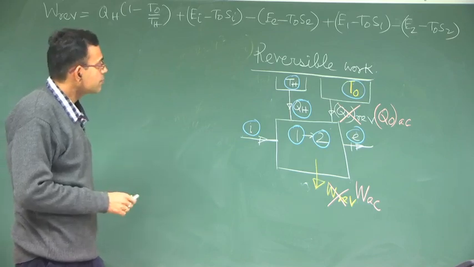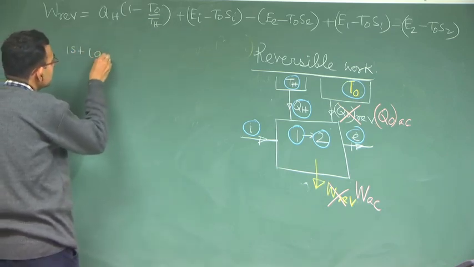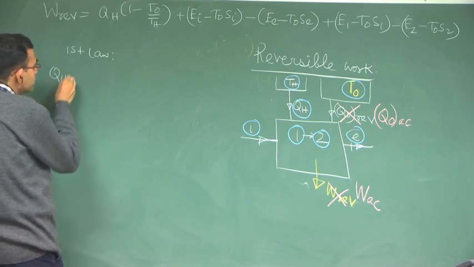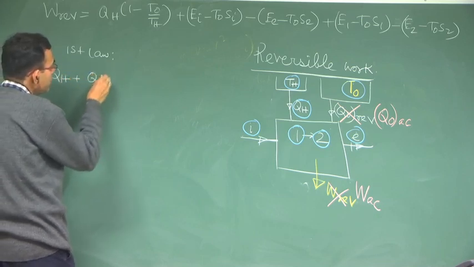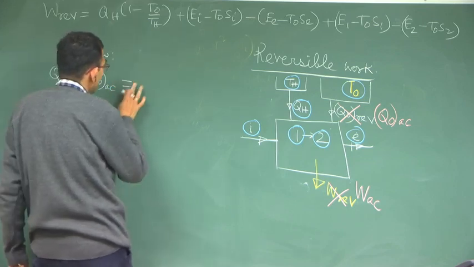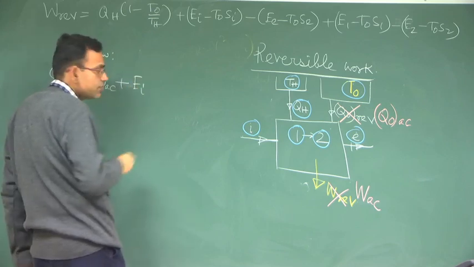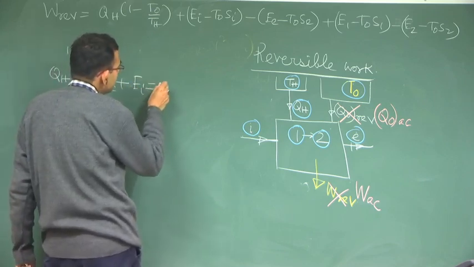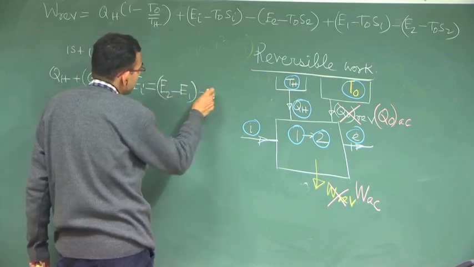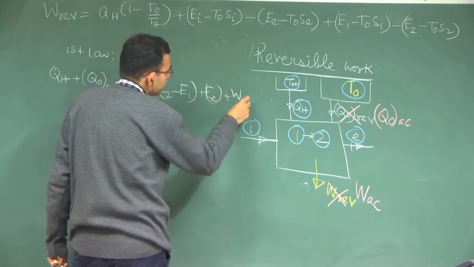So, then let us write the first law and the second law. QH plus Q0 actual plus EI is equal to E2 minus E1 plus EE plus W actual.